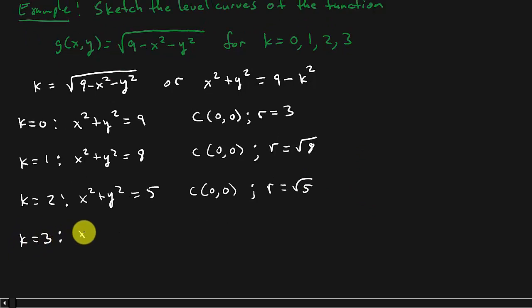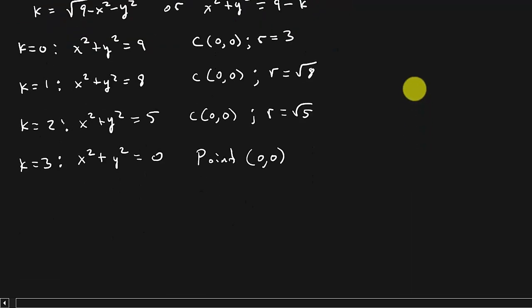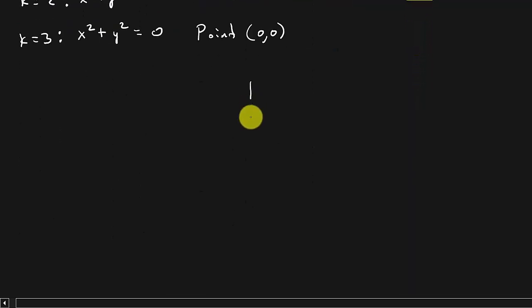And so that's x squared plus y squared. And 9 minus 3 squared is 0. So what does that tell me? Well, that just tells me that's just the point 0, 0. All right, so let's draw these level curves here.